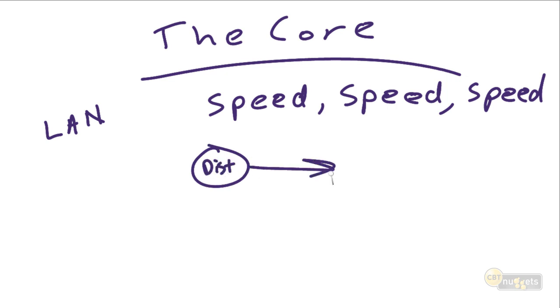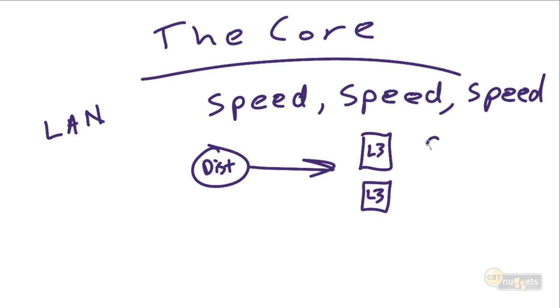It's going to feed data into the core, where we usually have really fast multi layer switches moving the data around as quickly as possible. So in the core, it's all about very fast devices. It's all about speed, speed, speed.